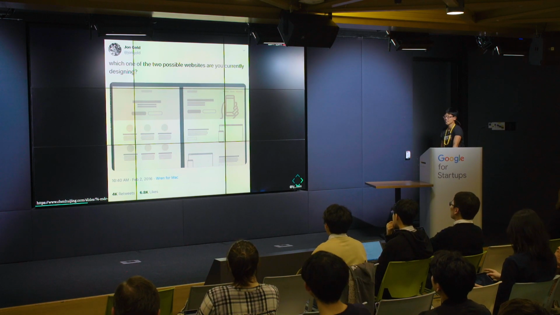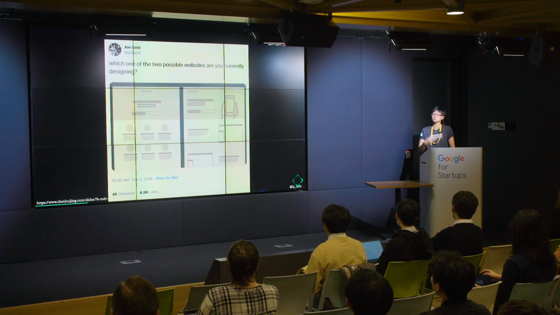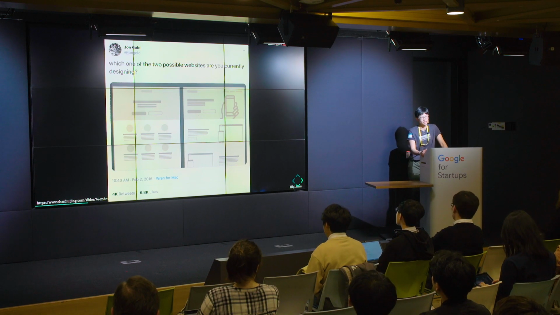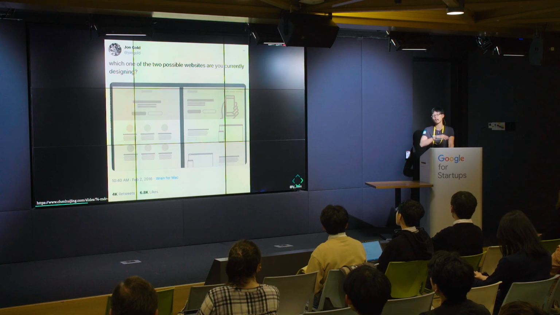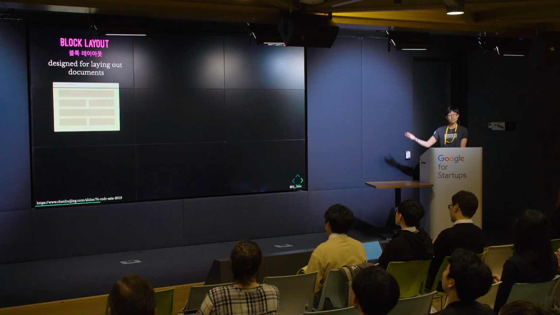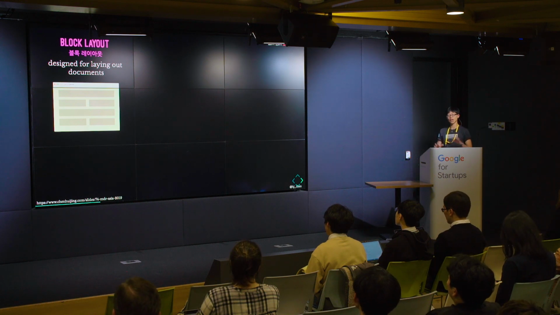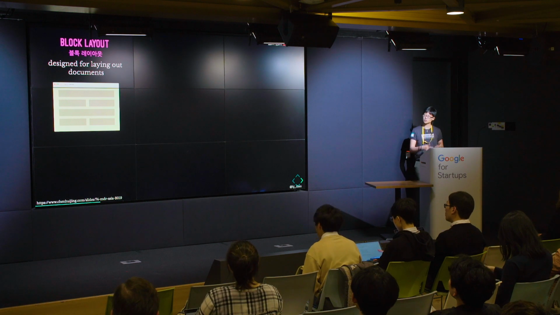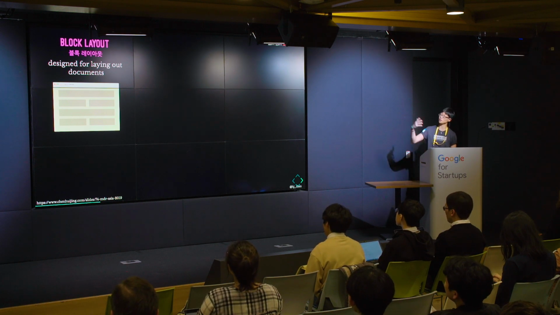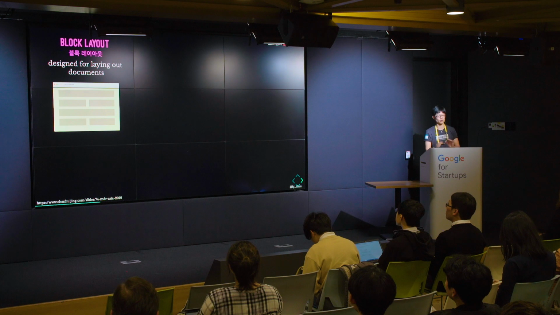But the thing is that CSS, which is predominantly used for layouts, has evolved over the past 20 years. And now we have a lot of options for doing layouts. So when CSS2 was released, we had 4 layout modes that were used for different use cases. We had block layout, which was meant for laying out boxes.